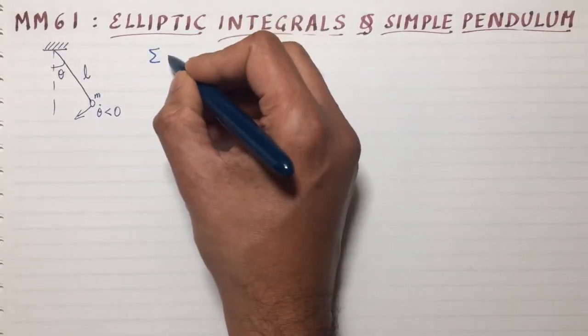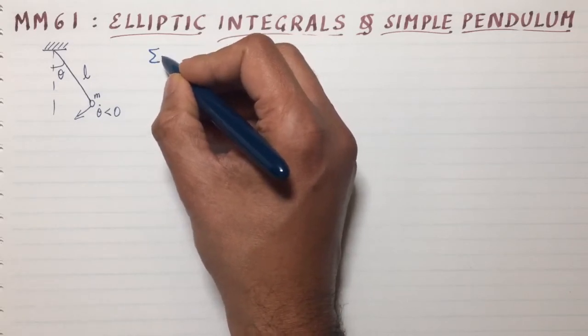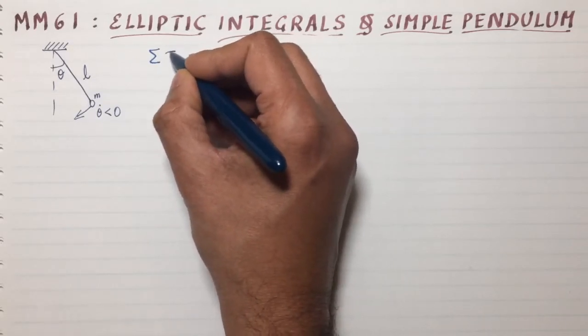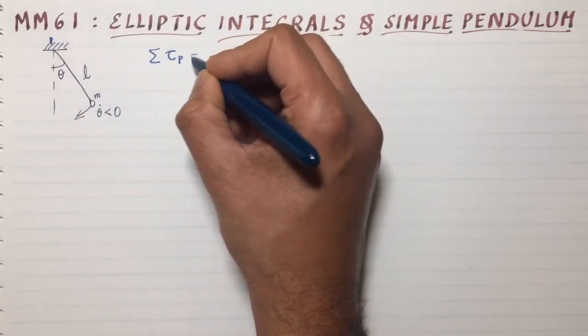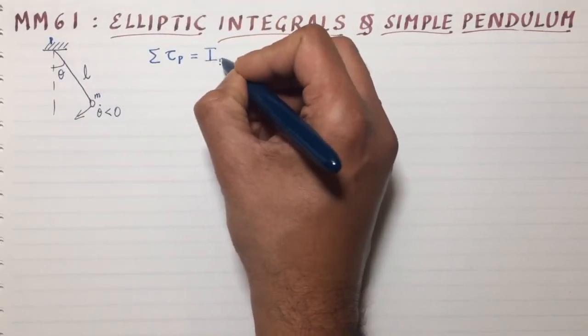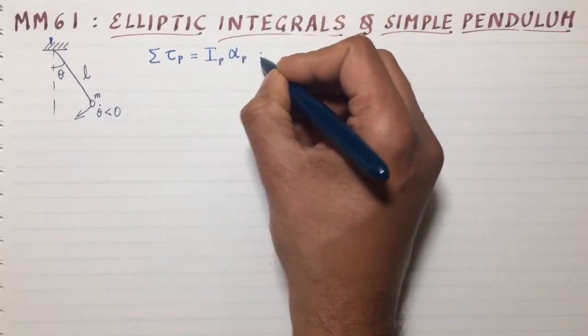It is the sum of all the torques about the pivot point P is equal to the moment of inertia of the pendulum times the angular acceleration of the pendulum about the pivot point.